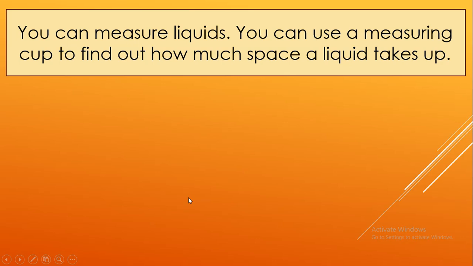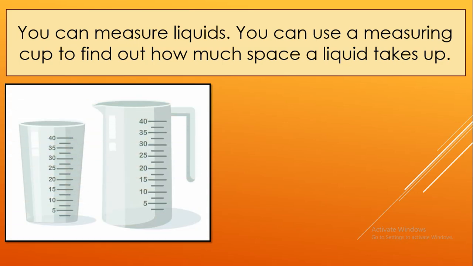Now, you can measure liquids. You can use a measuring cup to find out how much space a liquid takes up. What's the meaning of how much space a liquid takes up? That means its volume. So how can you measure a liquid's volume? Using a measuring cup.